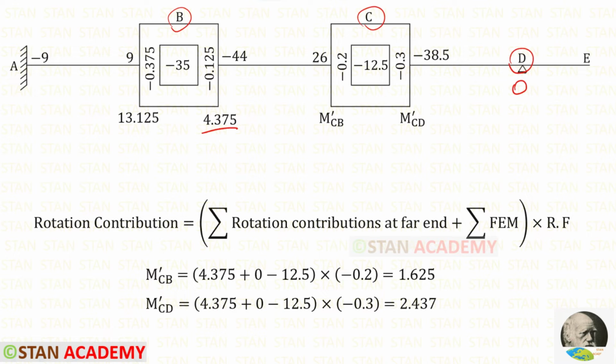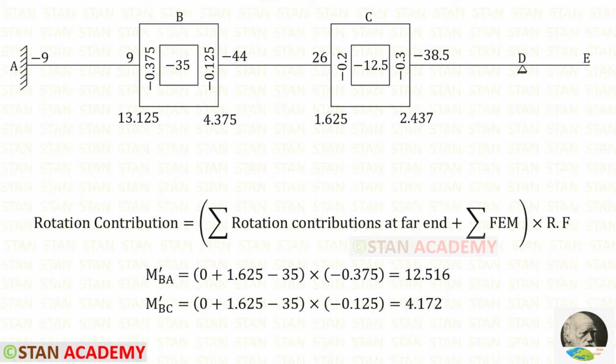So for the summation of rotation contributions at far end, we have 4.375 plus 0. The summation of fixed end moment is minus 12.5. Then let us enter the rotation factors. After calculating these, we will get M dash CB and M dash CD. Let us enter both of them. We have finished the first iteration.